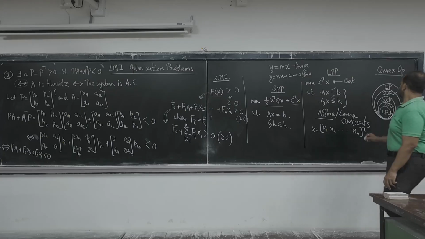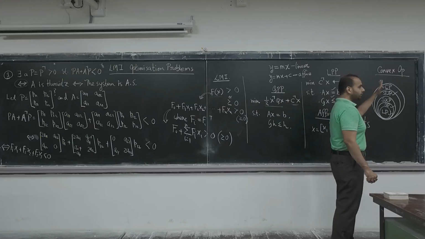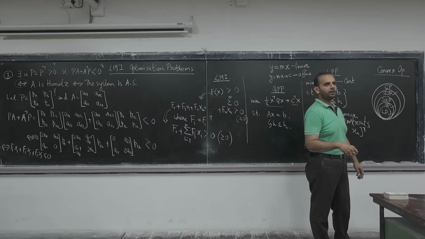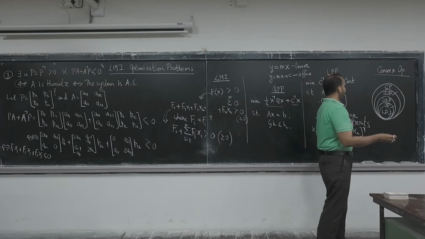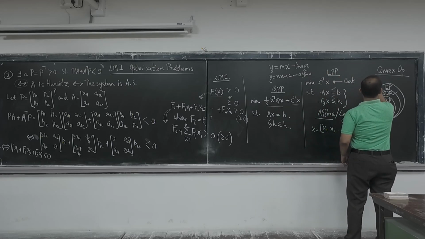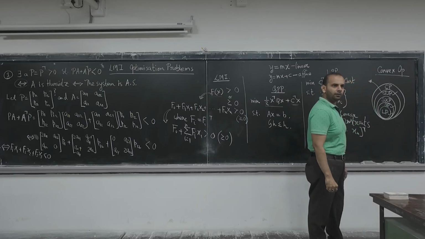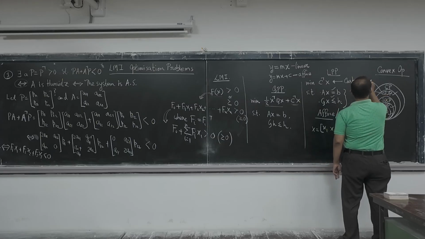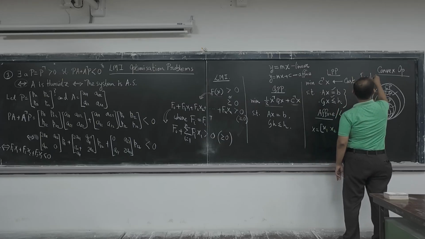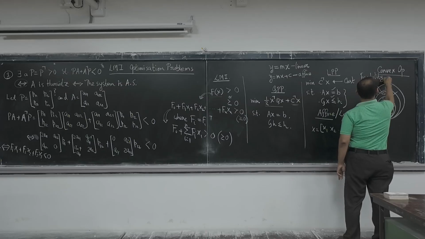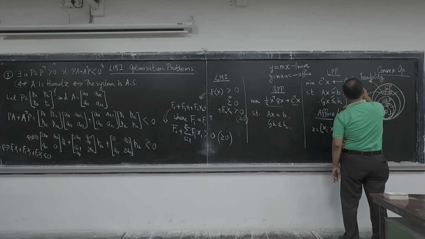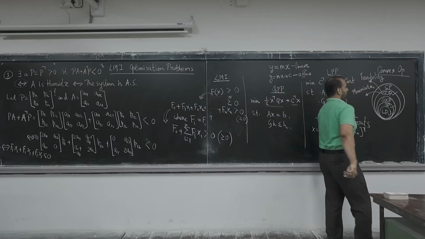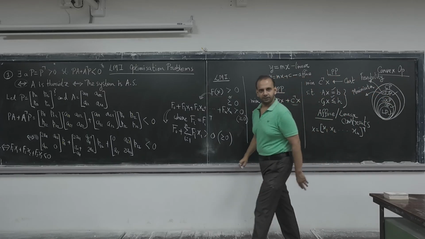Now, I also mentioned that when we are talking about this kind of optimization problem, although the name is optimization, within it we always have two types of problem. One is the feasibility checking problem, another one is the optimization, like minimization or maximization. So there are mainly two classes of SDP problems.